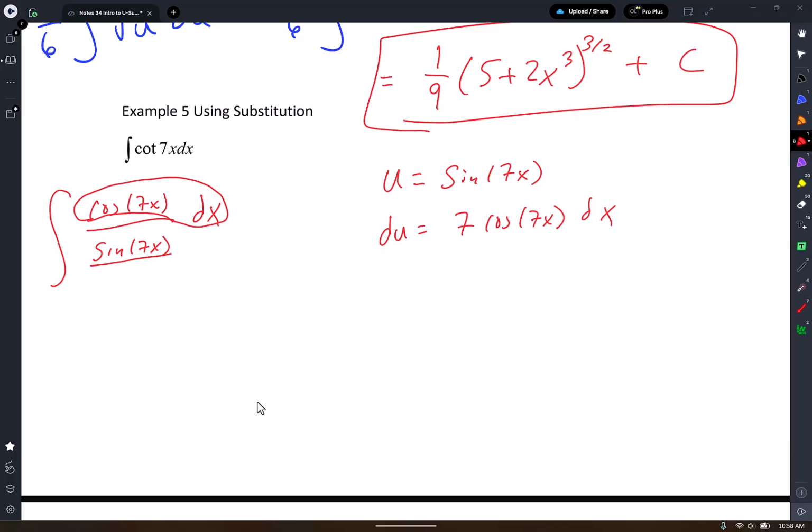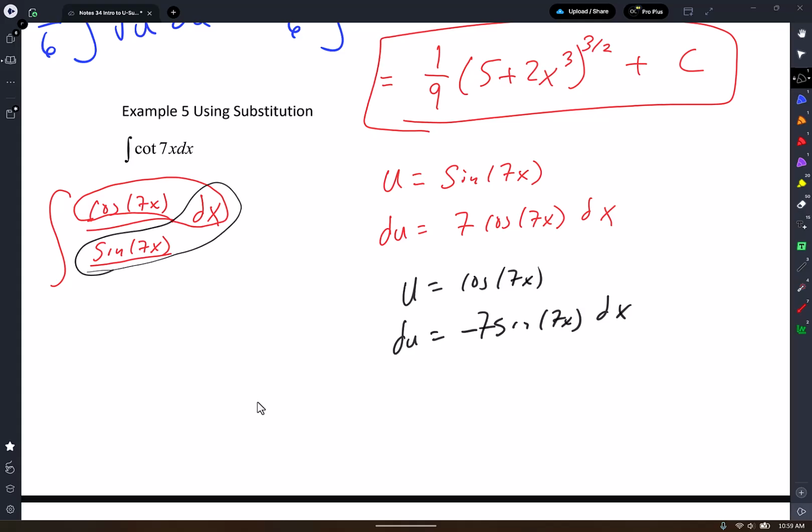Do you have a cosine 7x dx? Yes. Don't write this down because this is wrong. If you had chosen u to be cosine 7x, then you would have had negative sine 7x times 7 dx, and that sine 7x dx, you can't substitute. It's at the bottom.